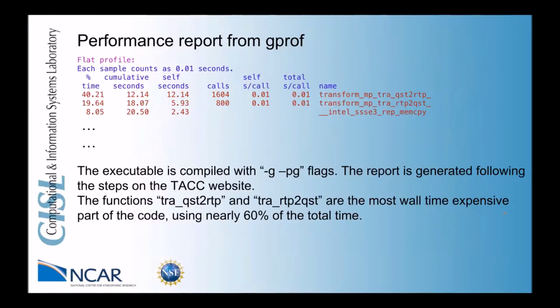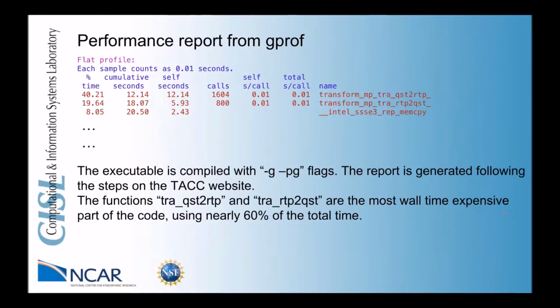So we obtain our performance report by gprof. gprof is a simple and powerful tool. We use the profiling flag, and we can easily identify the first few computationally intensive subroutines from the report.